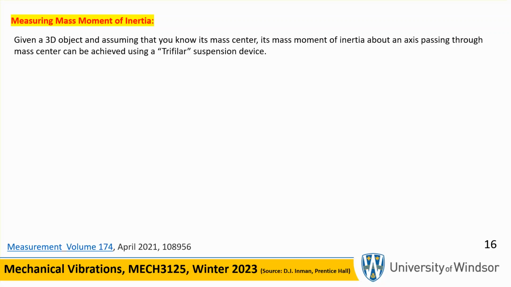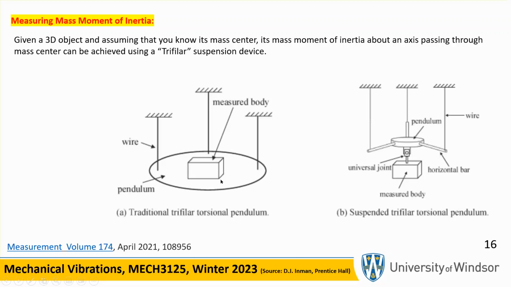okay? So here's a situation. Suppose we create a pendulum, not pendulum, what is it called? Suspension device like this. In reality, it may look complicated like that, but let's think about it as a tray here with a disc. Let's call it a disc, okay? And we take this object that we're trying to find its mass moment of inertia about an axis going through the center of it, vertical axis.